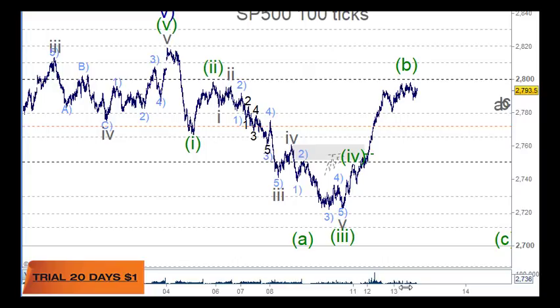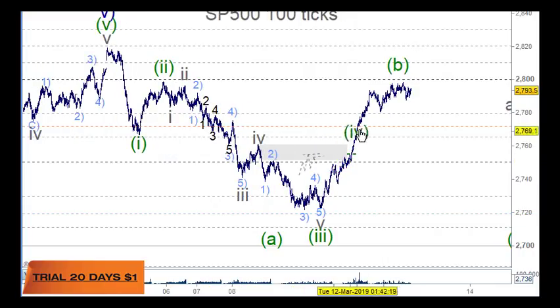I don't think that's the case for 2 reasons. First of all, the Nasdaq is testing the highs over here, which would make it an expanded flat, and secondly, and more so, the move up through here counts as 5 waves. So we need to look at it like this.